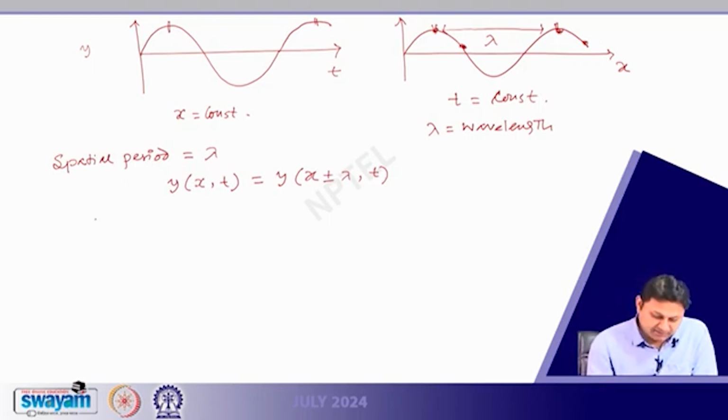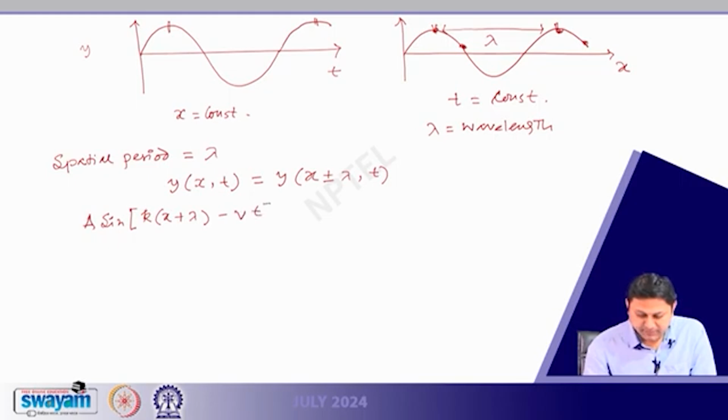So if that is the case, I can write the equation as A sine of k(x plus lambda minus vt), that is the equation of a propagating wave, which is equal to A sine of k(x minus vt).